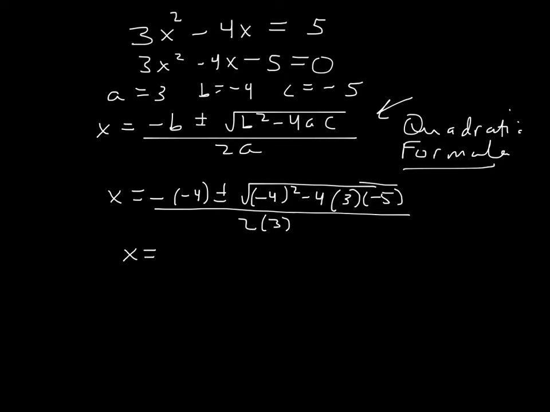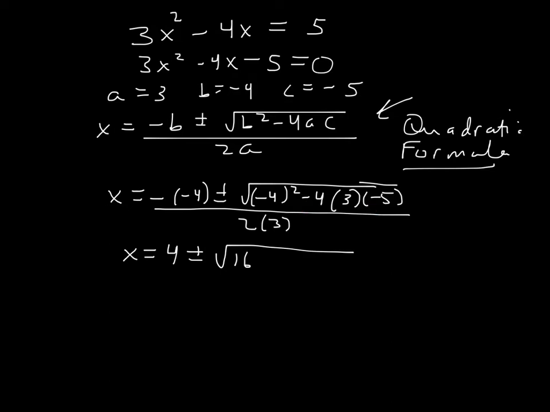So a negative and a negative make positive 4, plus or minus square root negative 4 times negative 4 is positive 16. Then we have, let's look at this closely, we have a minus here, but we also have a negative here. So it's really going to be two negatives, and that's going to be a plus.